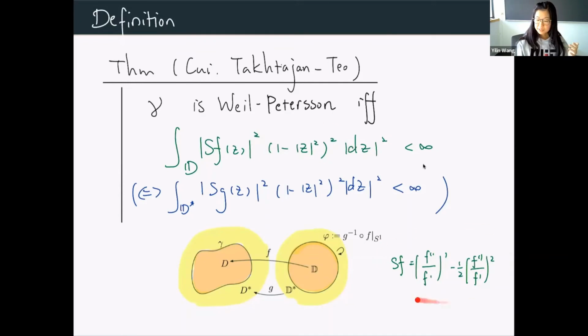The Schwarzian derivative is a third-degree derivative, which vanishes on all Möbius transformations. So if you have a Möbius transformation, then gamma has to be a circle, and this Schwarzian is just 0. This term, by the way, is not equal to the Loewner energy, but if it's finite, then the Loewner energy is finite, and vice versa.